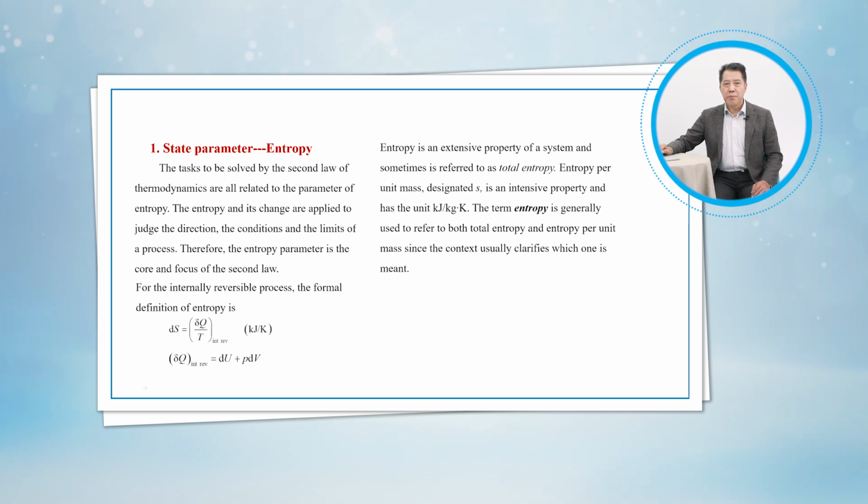Entropy per unit mass, designated s, is an intensive property and has a unit. The term entropy is generally used to refer to both total entropy and entropy per unit mass, since the context usually clarifies which one is meant.